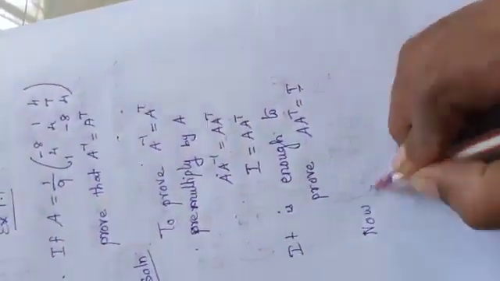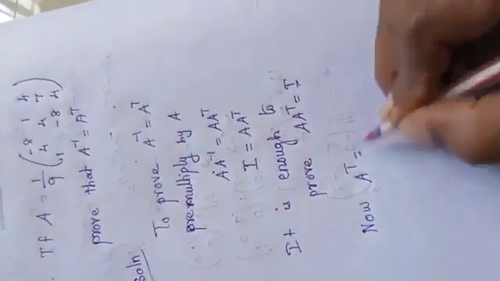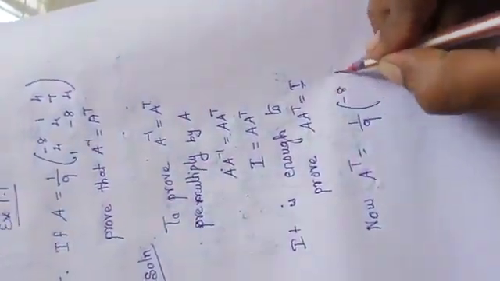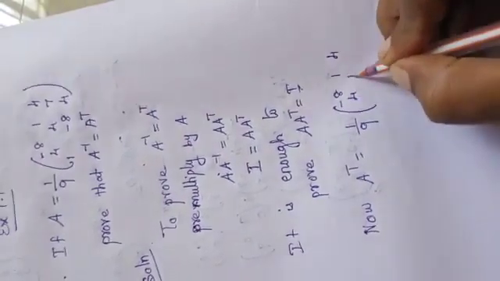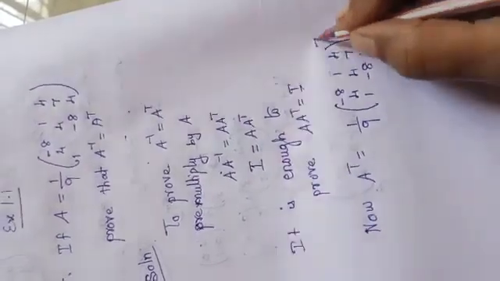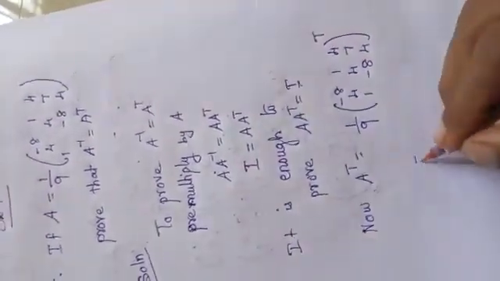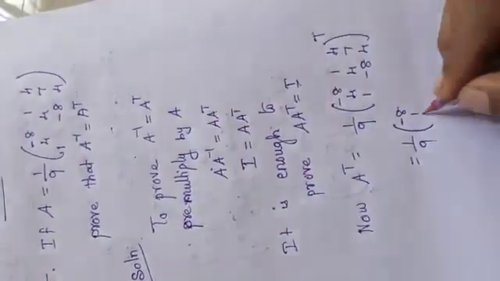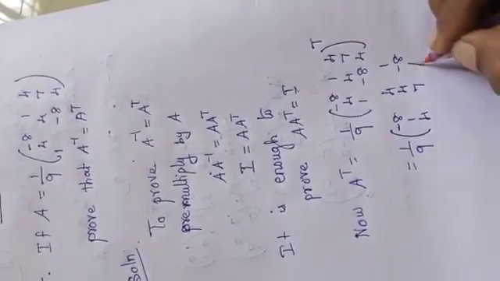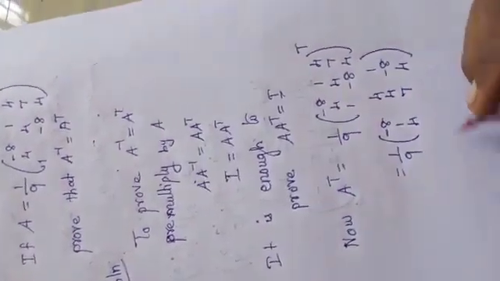Now, A transpose is equal to 1 by 9 matrix minus 8, 1, 4, 4, 4, 7, 1, minus 8, 4, the whole transpose. See, 1 by 9 into, shall we transpose it? Minus 8, 1, 4, 4, 4, 7, 1, minus 8, 4. Okay, so now we have got A transpose.